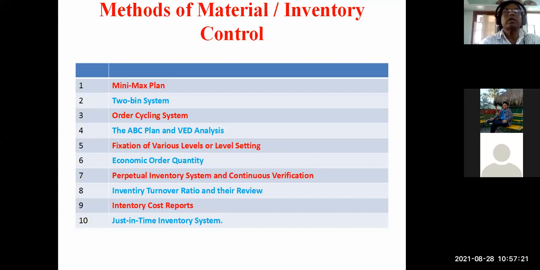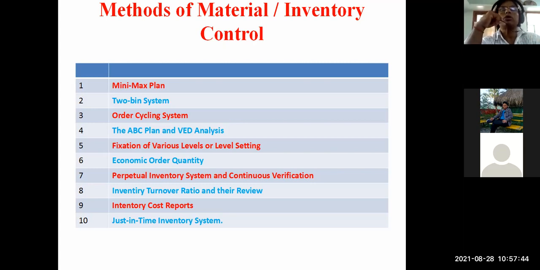Now the question is, what is carrying cost? Carrying cost is not transportation cost, don't confuse. Carrying cost means when you purchase the material, then the money is blocked there, so interest on the money blocked, then storehouse room rent, then salary of the storekeeper, all these things are carrying cost.